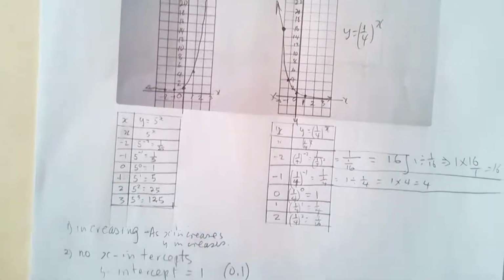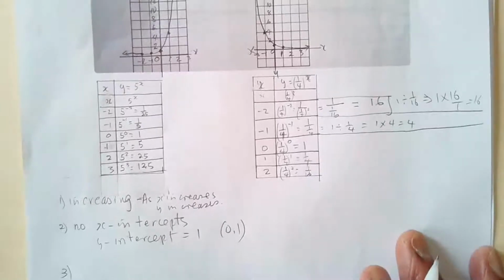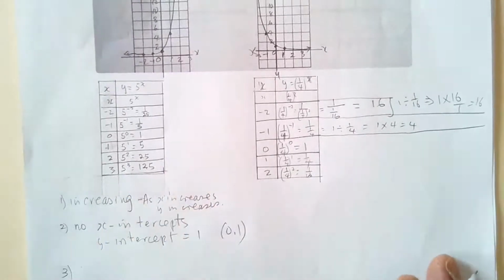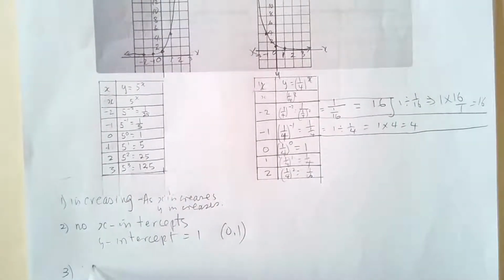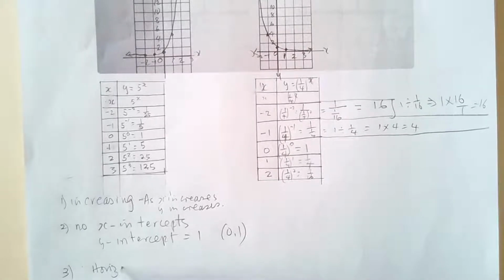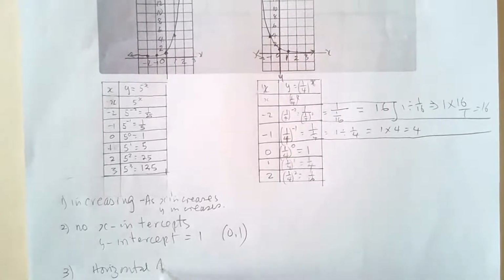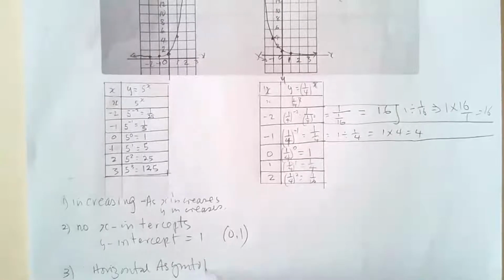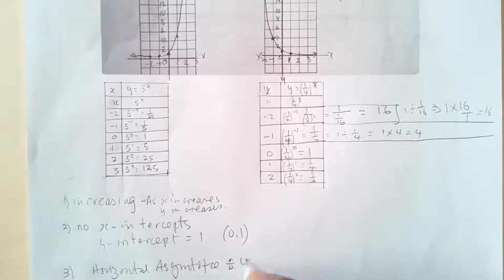Horizontal asymptote. Yes, we know there is one horizontal asymptote. I should say y is equal to 0.